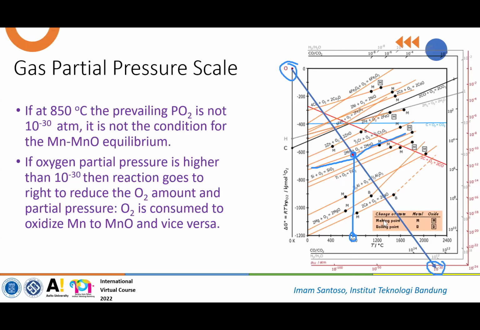So you can directly see the oxygen partial pressure from the Ellingham diagram. So this is how to read oxygen partial pressure.